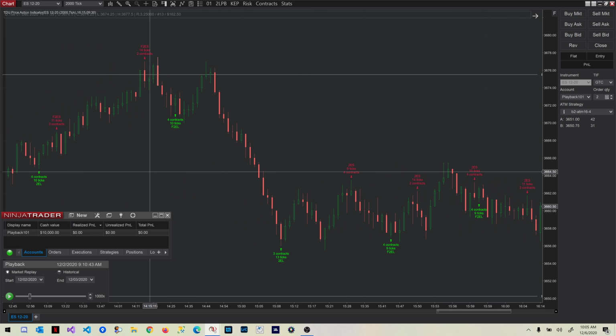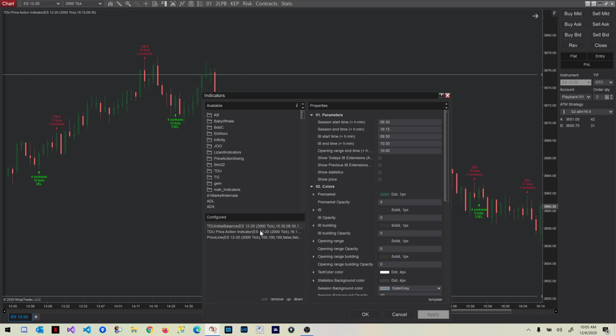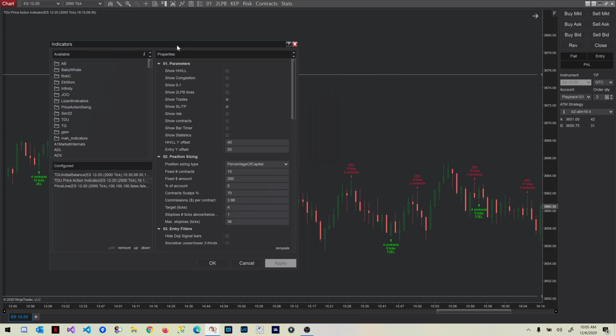Let's see, what else did we have for questions? I got some questions what these Y offsets mean. Well, I'm not sure if you ever tried it, but basically it's the vertical distance between the wick of the bar and the text.